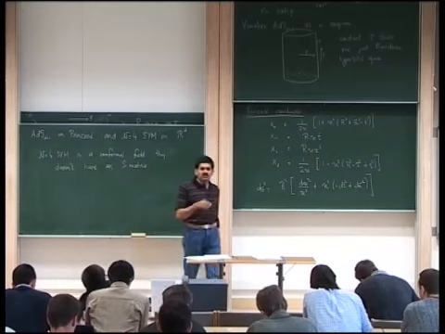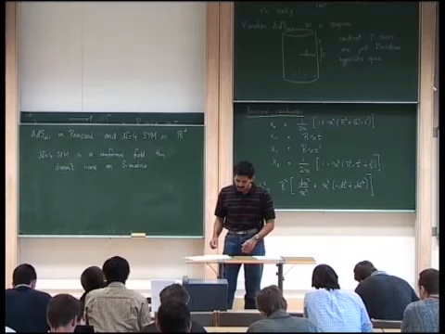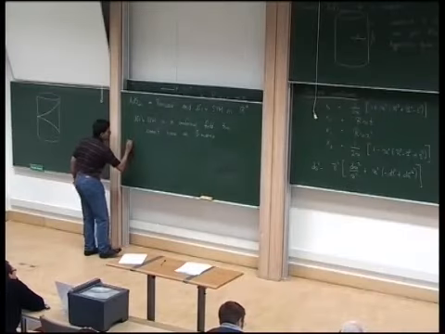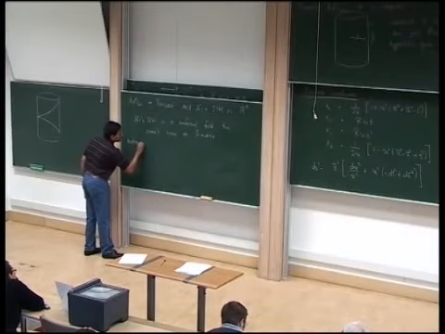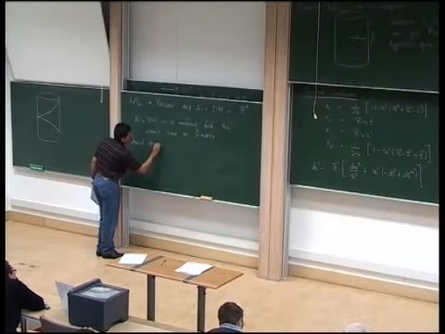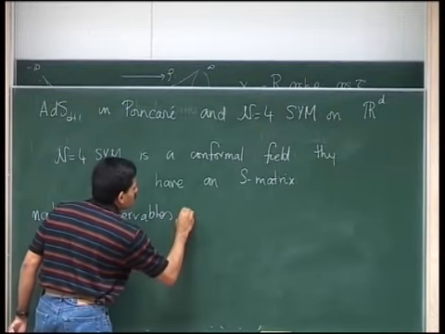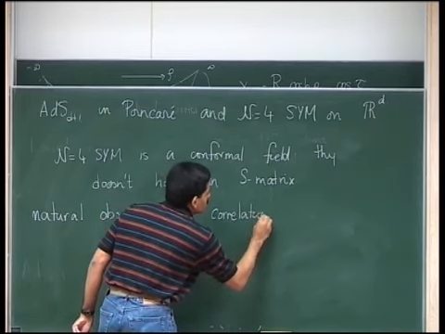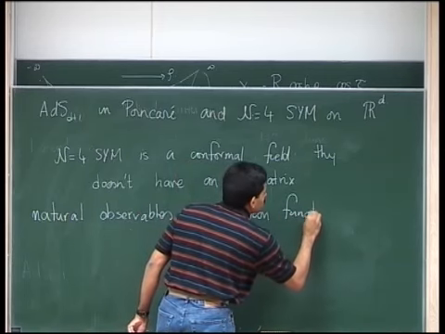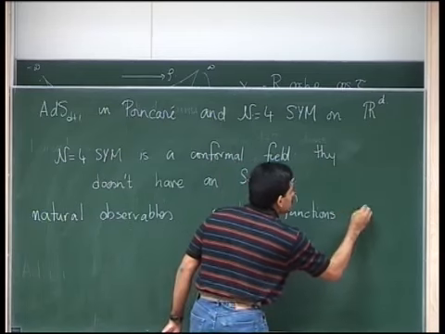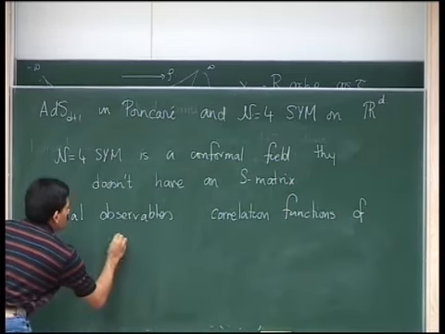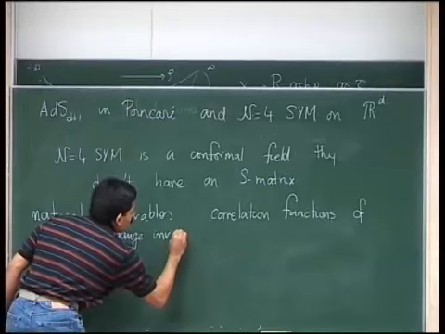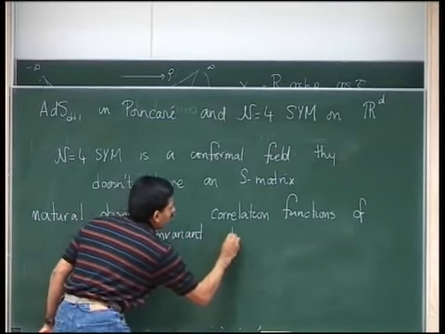So what are the natural observables in a conformal field theory? The natural observables are nothing but correlation functions of gauge invariant local operators.